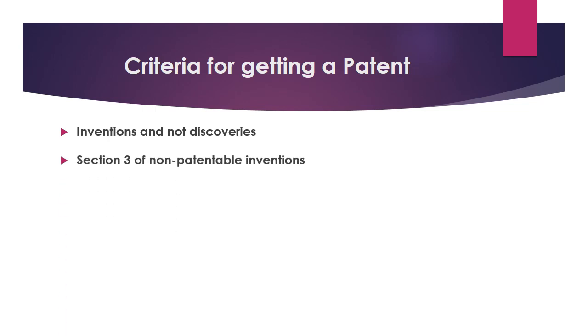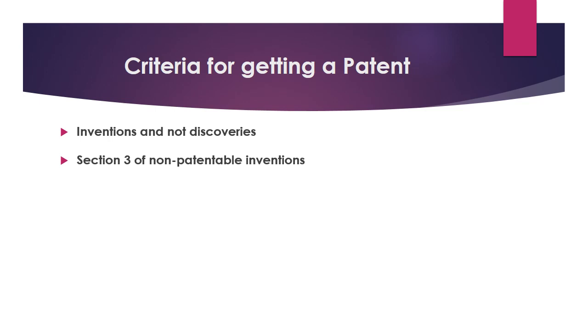Also, there is a section in the Indian Patent Act, section 3, of non-patentable inventions. Before deciding to go ahead for a patent, you should always determine whether your invention complies with this section 3. Section 3 lists things like mathematical formulae, topologies, literary work, then discoveries.